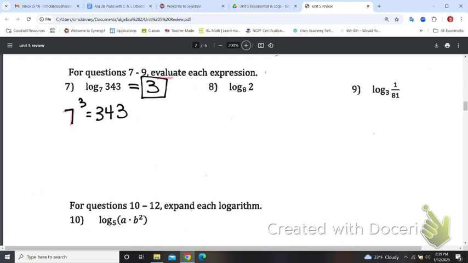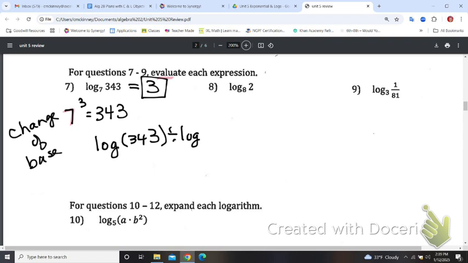If that is not obvious to you, that's okay. Then you just change a base, right? We can use change a base. There's another way, but for some of you, this is going to be the quickest, easiest way. So you're going to do log of 343, divide it by log of 7, and again, you're going to get 3.